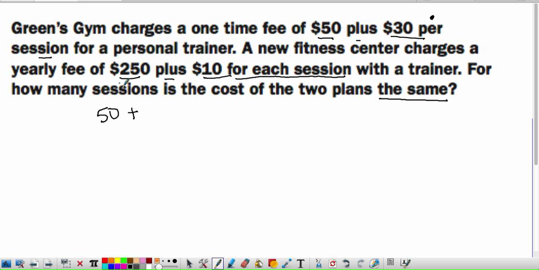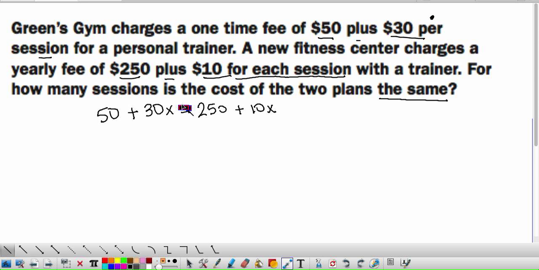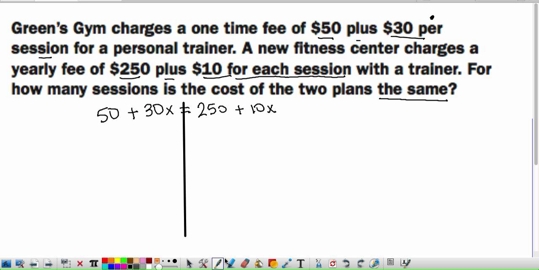So we're going to make this $30 per session, because per means multiply and sessions is what we don't know. So I'm letting x equal my number of sessions. And we want to know, when is that going to be equal to this other gym that charges $250 plus $10 per session?